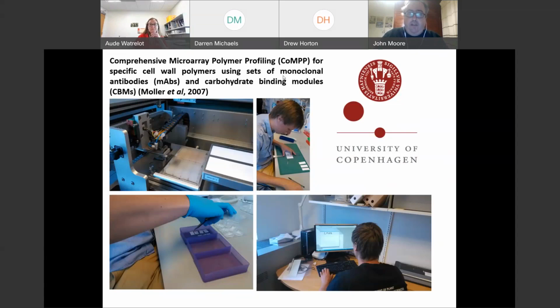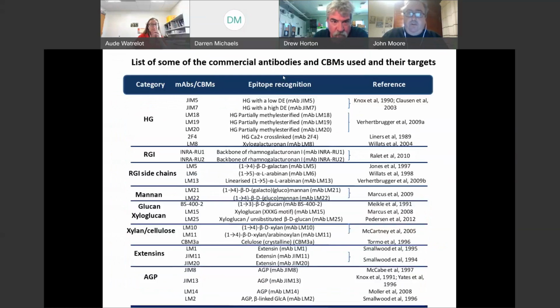They printed the arrays. You can print thousands of samples on arrays, and then you can probe them with different sets of antibodies. And here is an example of all the different antibodies that are available and the epitopes which they recognize.